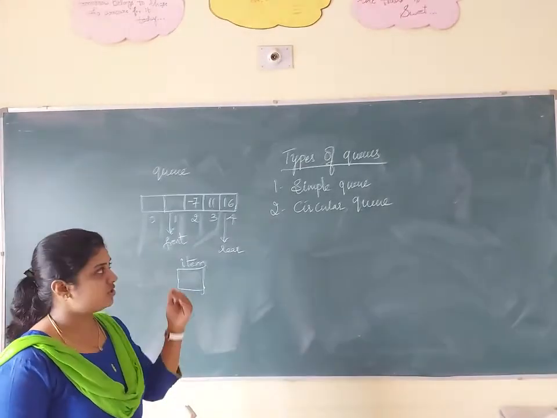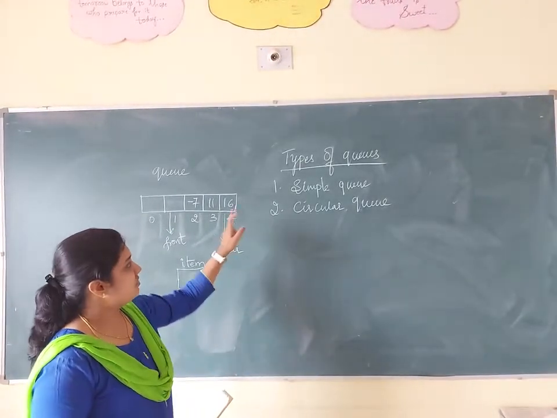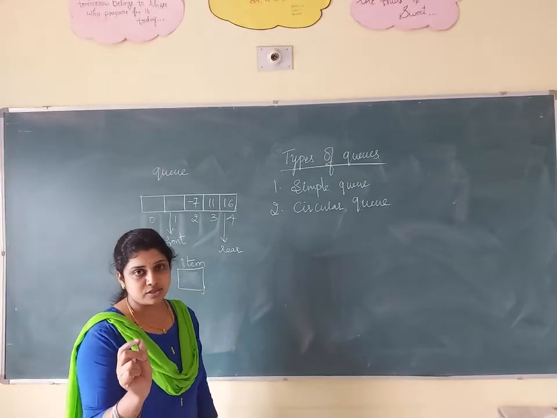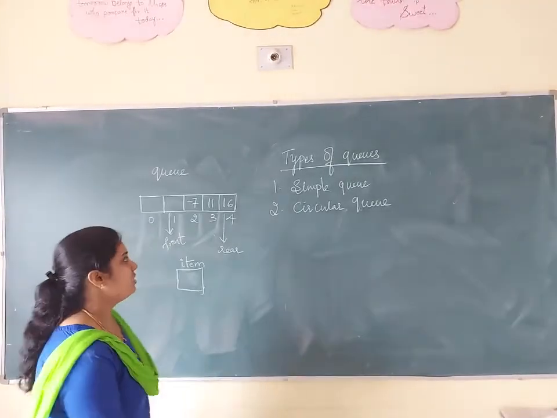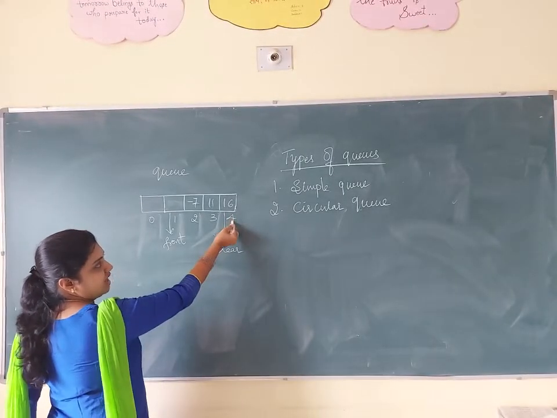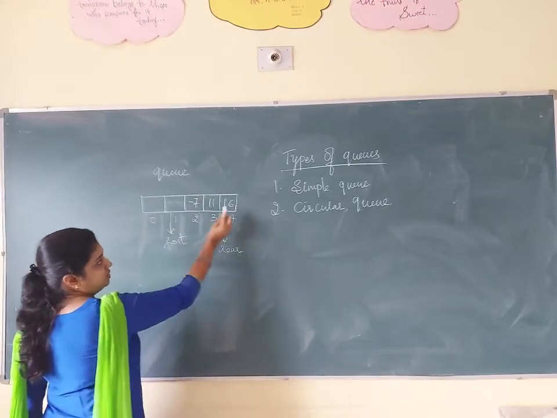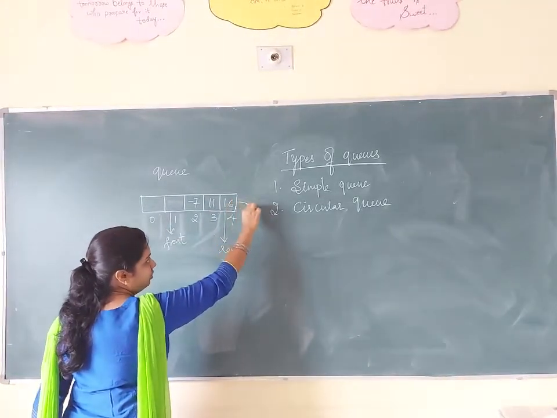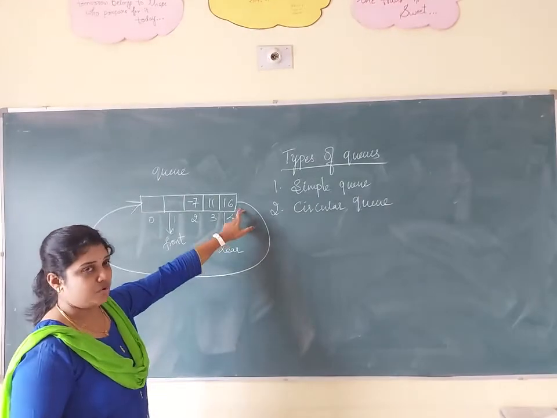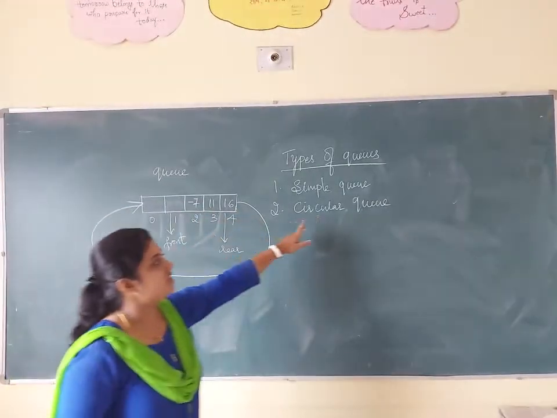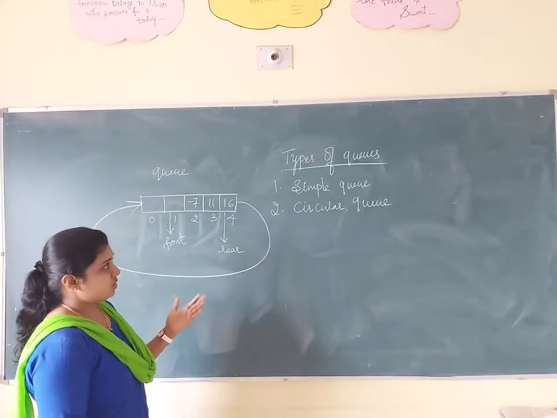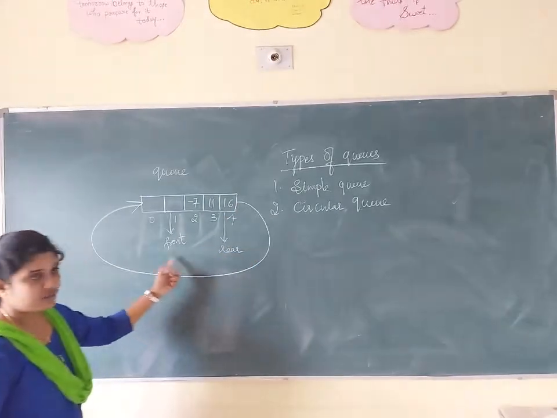It is the same as your simple queue, but here the last node follows the first node, or the last position follows the first position. This is my last node, and this is my first node. When the last node follows the first node, we call it a circular queue.